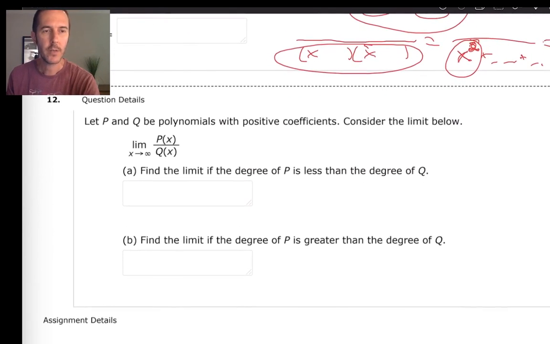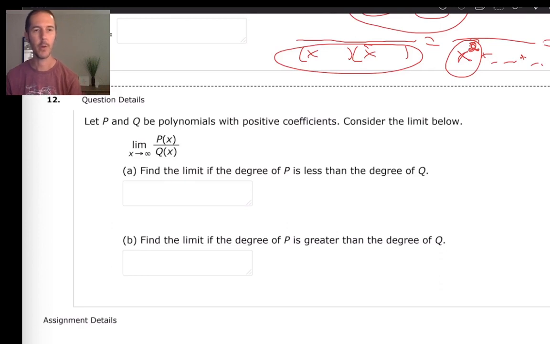And then number 12 is a nice conceptual problem. If you have a polynomial over polynomial which creates your rational function, then if the degree of your numerator is less than the degree of your denominator, see if you've picked up on any patterns as far as what the resulting horizontal asymptote or limit will be.